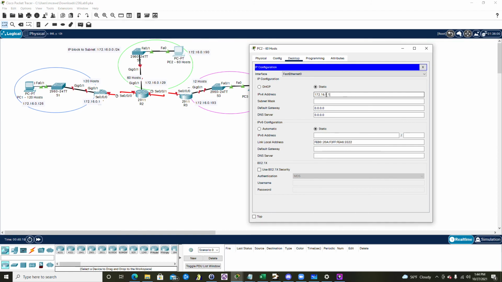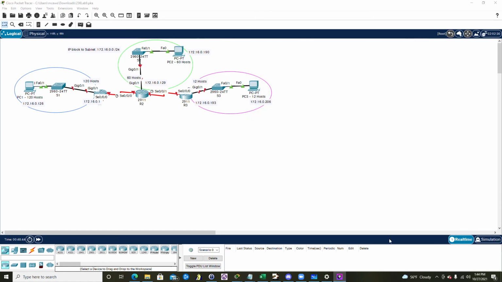It wants the last usable, which would be 190, and then our mask of 192. And then the default gateway is router 2's G0/1, which is the first usable IP address in network 2. So that IP is 172.16.0.129.